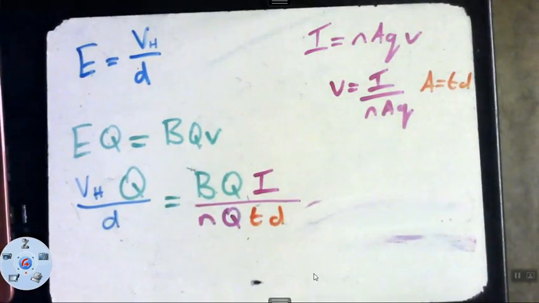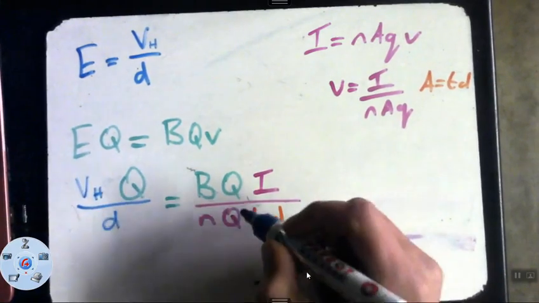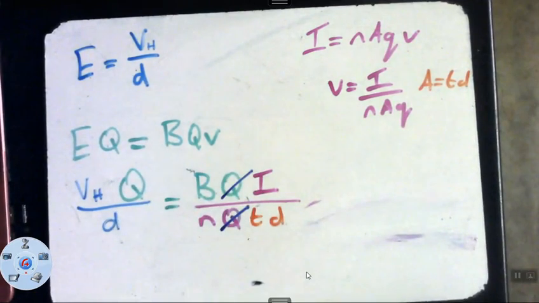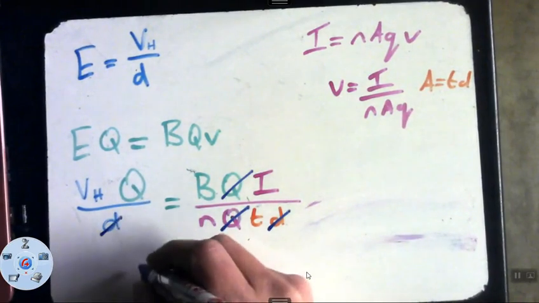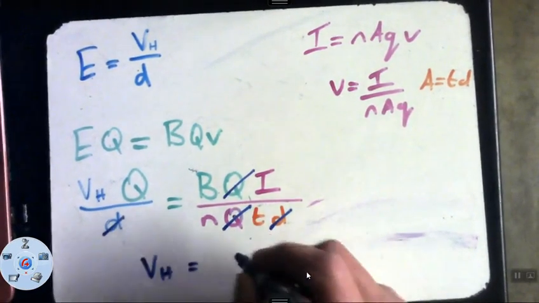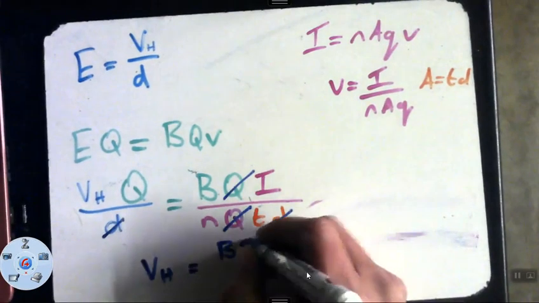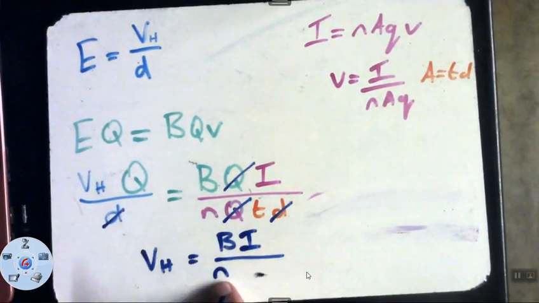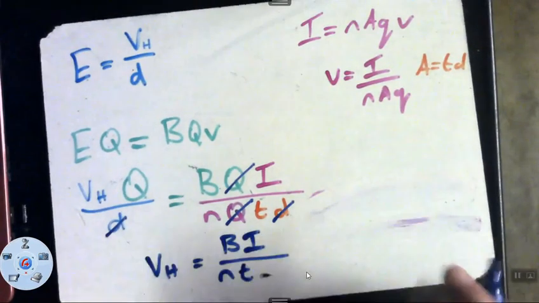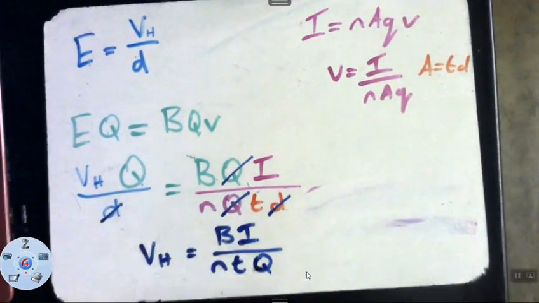If we start cancelling out everything that is similar, the charge cancels with the charge, the distance cancels with the distance, and if we rearrange everything, we find that the Hall voltage is equal to the magnetic field strength times the current, over the number density, which depends on the type of metal we're using, the thickness of the metal, and also the charge of the charge carriers that we're using, mostly electrons if we're using an electric current.